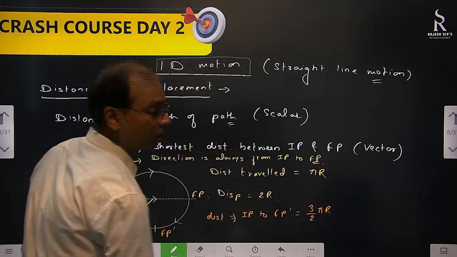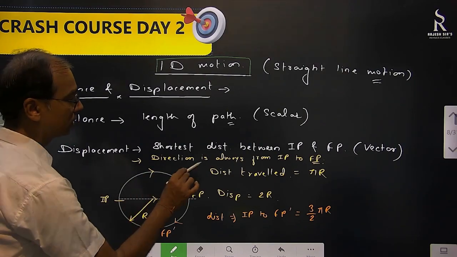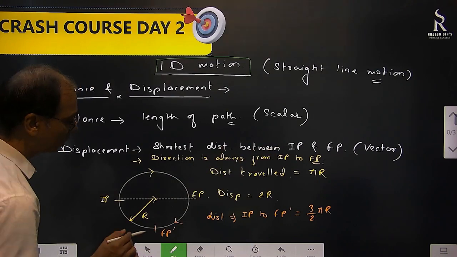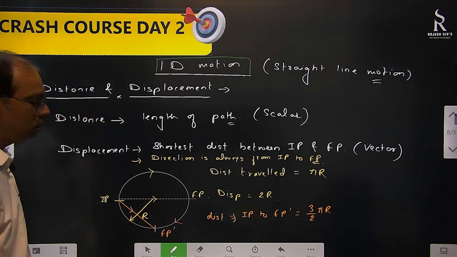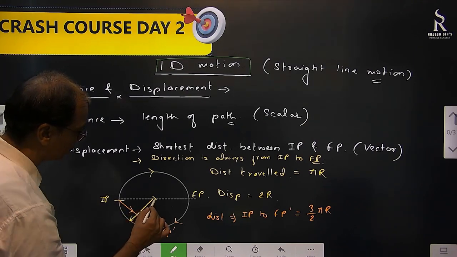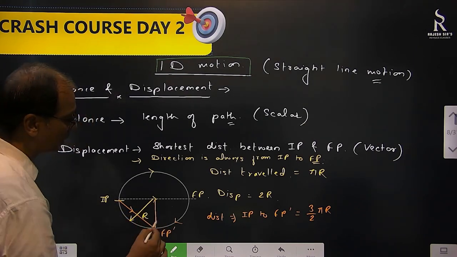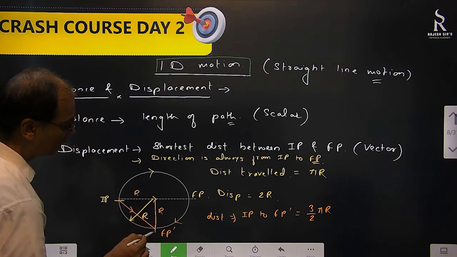But if you are talking about displacement, as I said, direction is always from IP to FP and it is the shortest distance. So it's like this. This is the direction. And how much is that? If I have to measure, I'll be joining it like this. This is r. This is also r. Then what will this be?